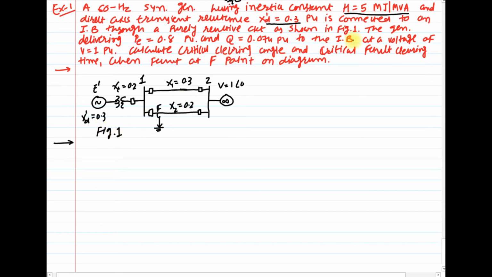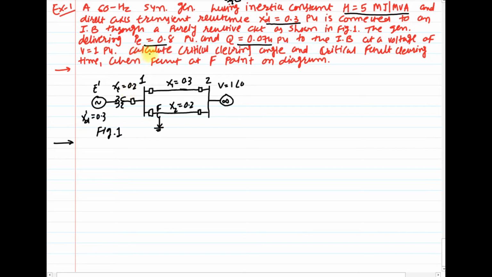Clear? Then the generator is delivering active power of 0.8 per unit and reactive power of 0.74 per unit to the infinite bus at a voltage of 1 per unit. Clear?